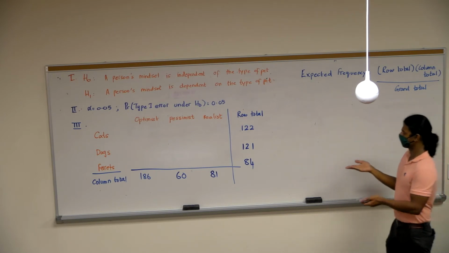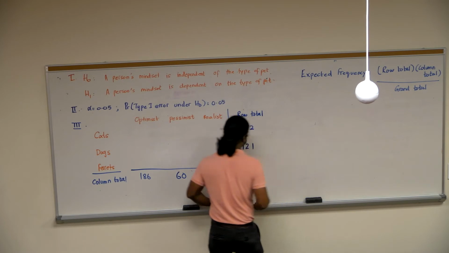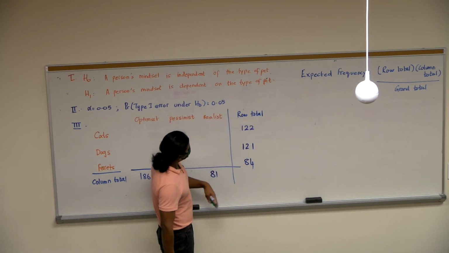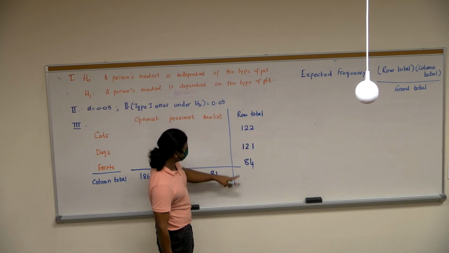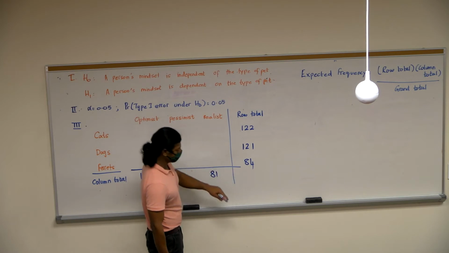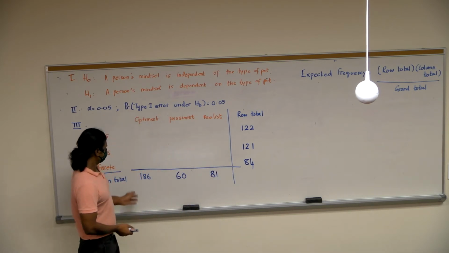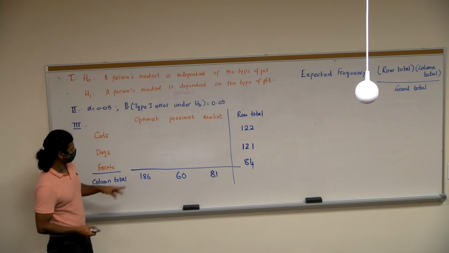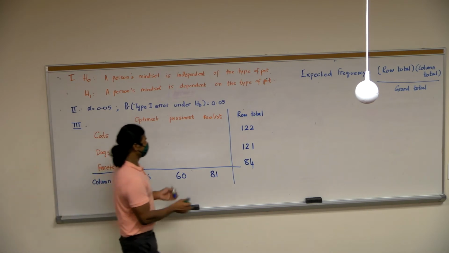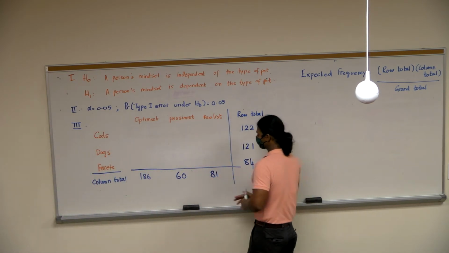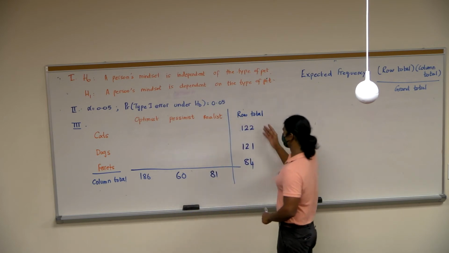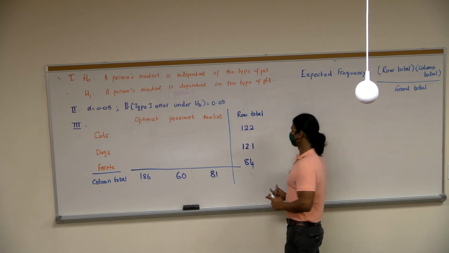What is the grand total? It's just all of these values added. So I have 243, 323, and 327. And if you add across here, you would get the same. If not, you made a mistake. So if you add all the column totals, it must match the sum of all the row totals.